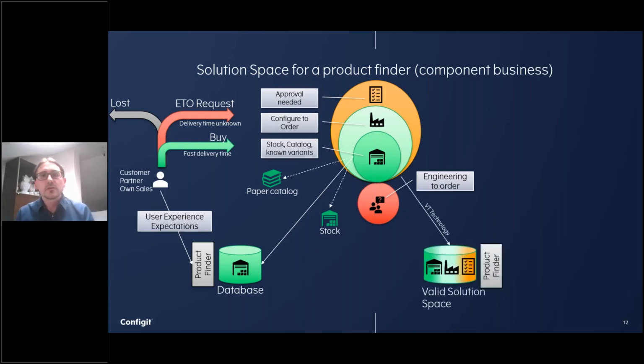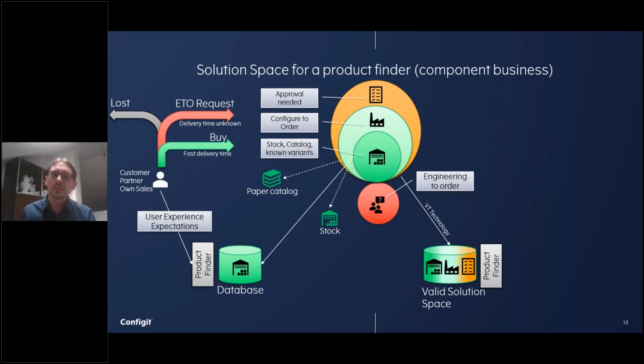By compiling all these different variants you have into our solution space, you would have all these three kinds of configurations available. Of course, with a small identifier flag on it, but you know which of these variants are in stock, which are configured to order, and which require an additional approval.